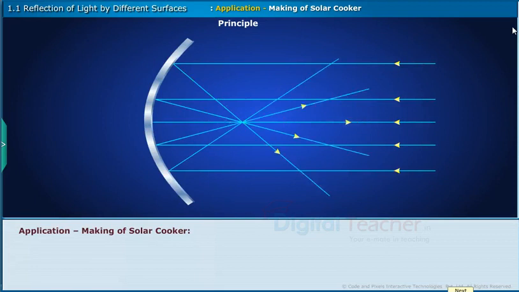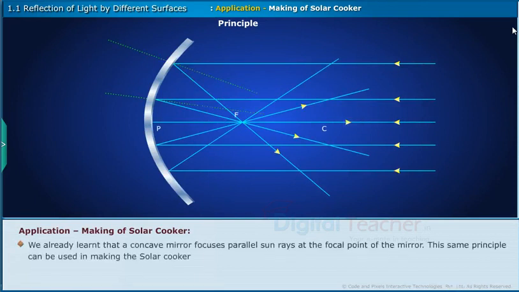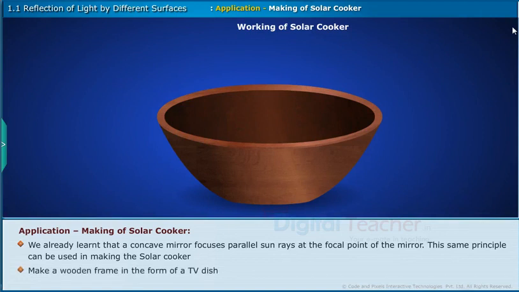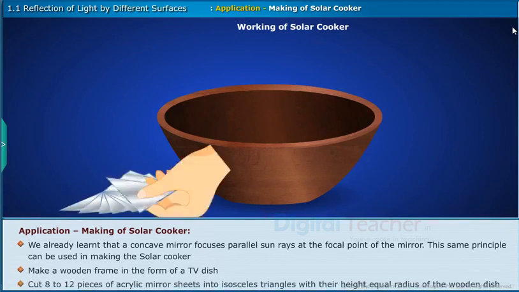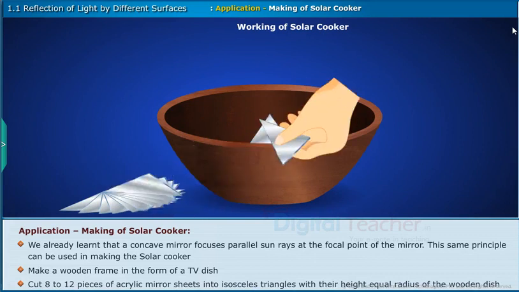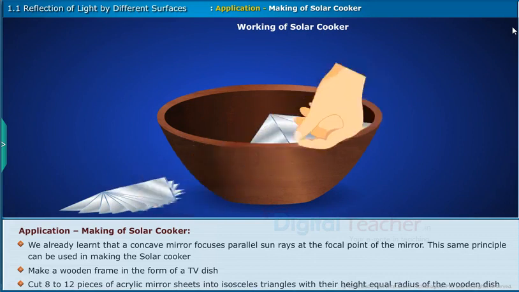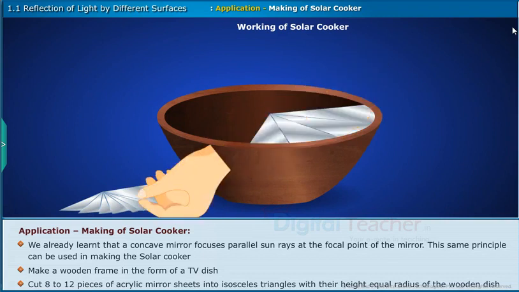Application: Making of a solar cooker. We already learned that a concave mirror focuses parallel sun rays at the focal point of the mirror. This same principle can be used in making the solar cooker. Make a wooden frame in the form of a TV dish. Cut 8 to 12 pieces of acrylic mirror sheets into isosceles triangles with their height equal to the radius of the wooden dish.